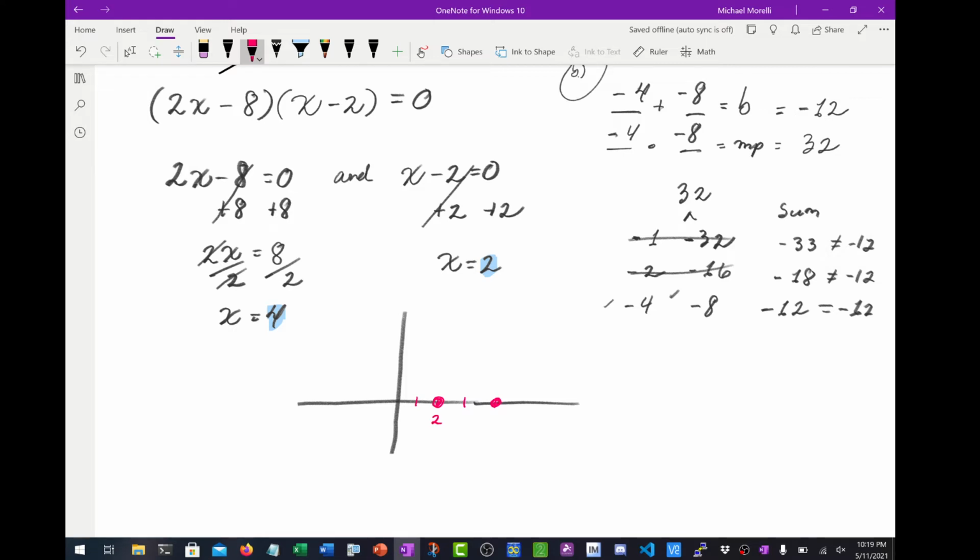So this is 2 and 4. And so there's some quadratic graph here. I don't know quite what it looks like, but it's going to cross the x-axis at 2, 0 and at 4, 0. And that's why these are called the zeros.